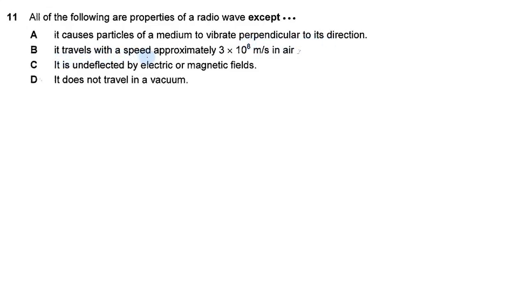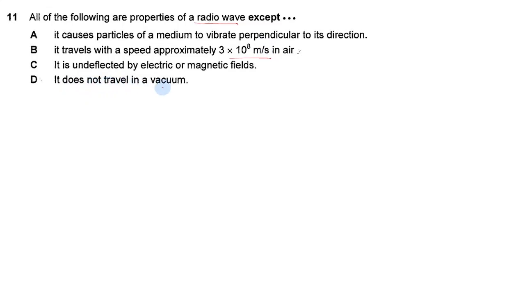Then it travels with a speed of approximately 3 times 10 to the 8, which is the speed at which radio waves travel in vacuum. It is undeflected by electric or magnetic field. These don't get affected by electric or magnetic field.